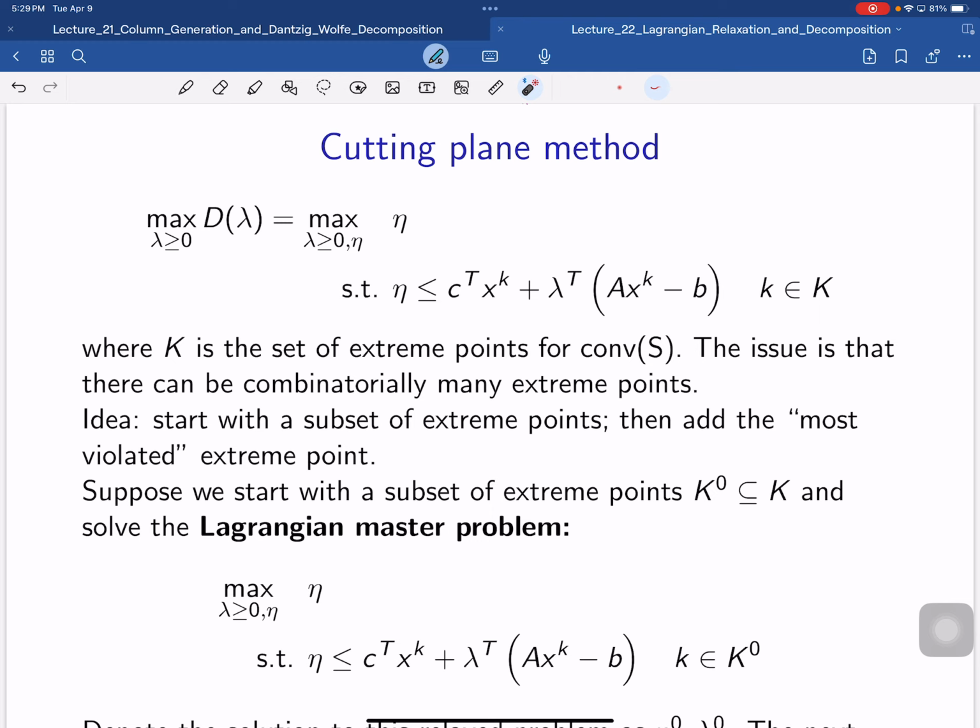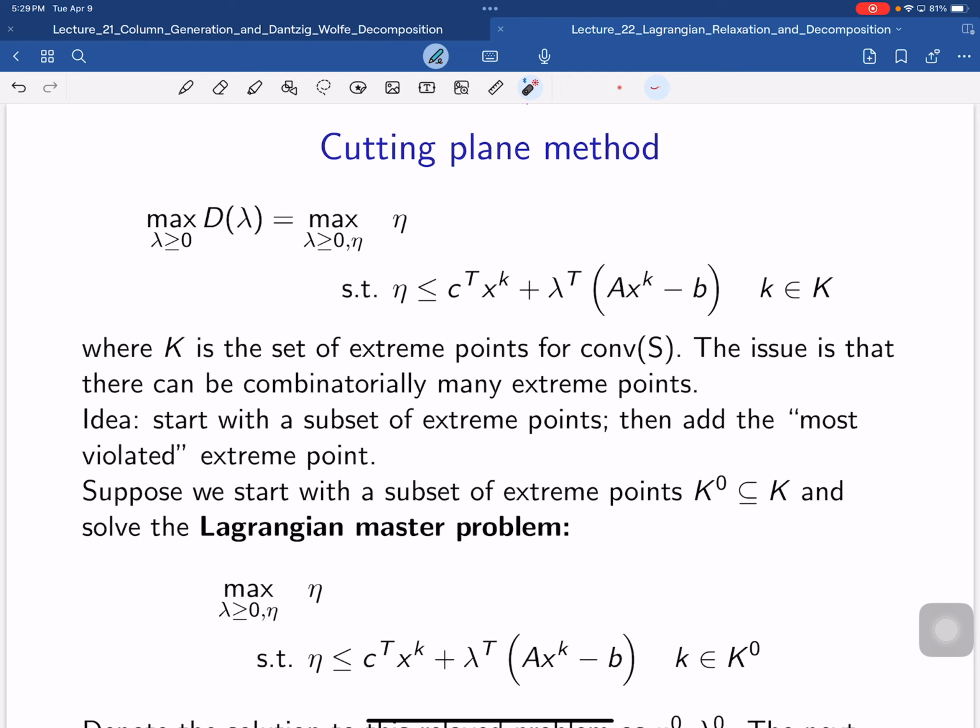We already showed this in Benders' reformulation. Recall that K is the set of all the extreme points of the convex hull. The issue with this reformulation is that you cannot enumerate all the extreme points. As in Benders' decomposition or in column generation, you cannot afford to enumerate all the extreme points.